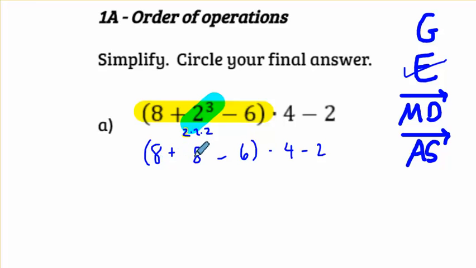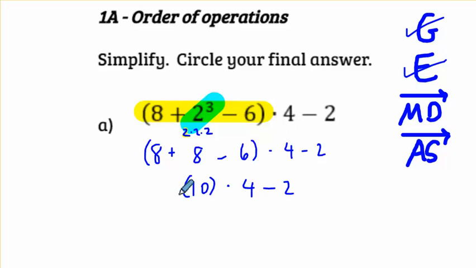So 8 plus 8 is 16, and 16 minus 6 is 10. So we wind up with all of this grouping stuff turning into just plain old 10. So now we have 10 times 4 minus 2, and we've taken care of the grouping as well.